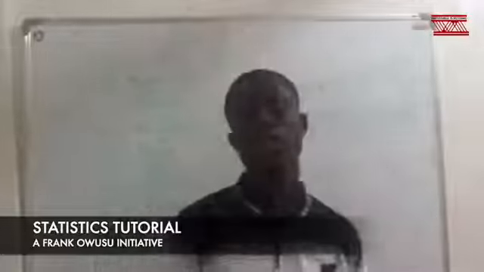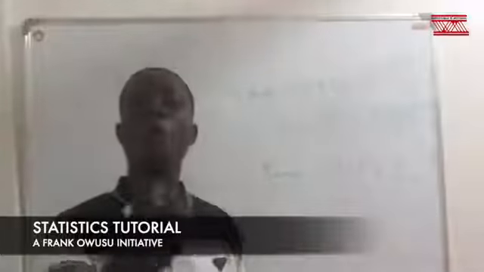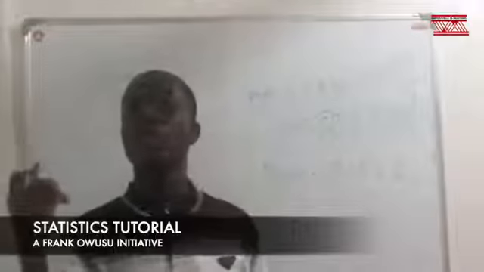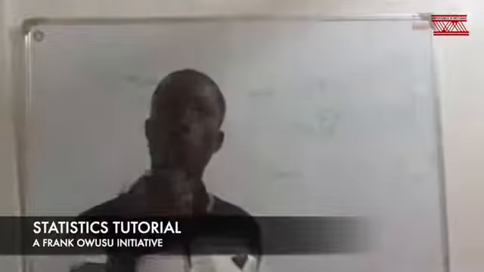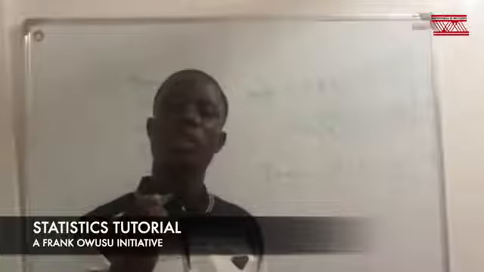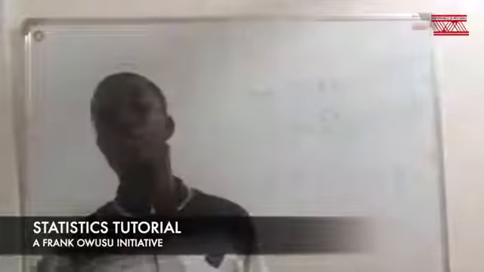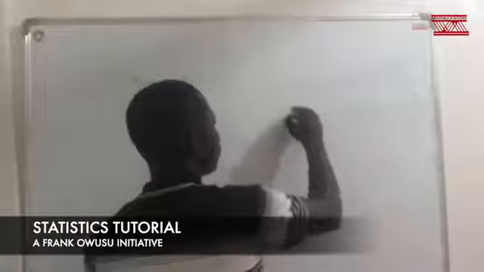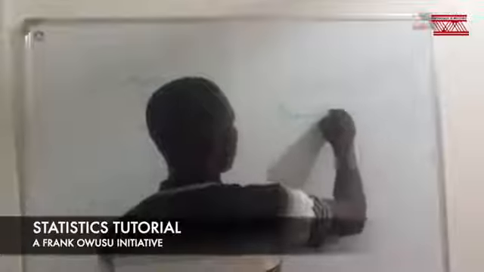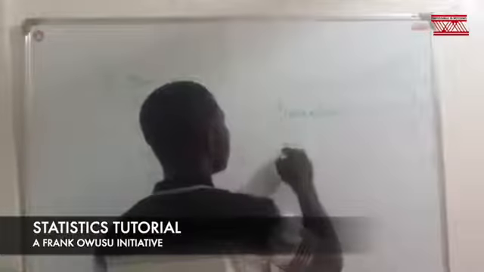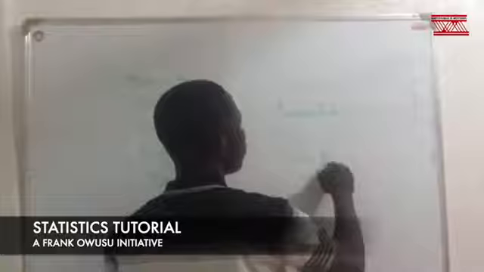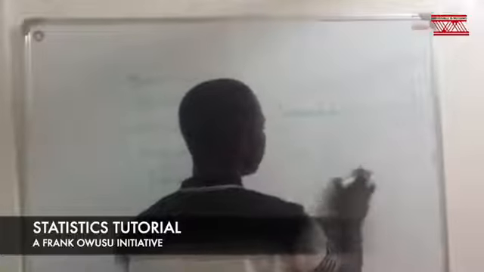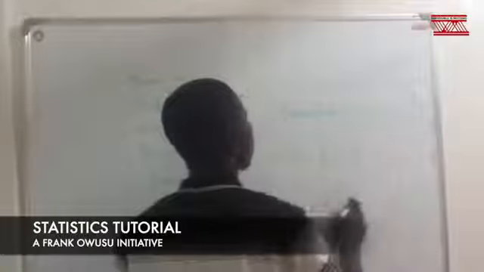When you are asked to solve for deviation of a particular given set, deviation is simply how much the mean deviates from each entry. So assuming we are finding the deviation of, let's say, these entries 2, 2, 3, 1, 2.